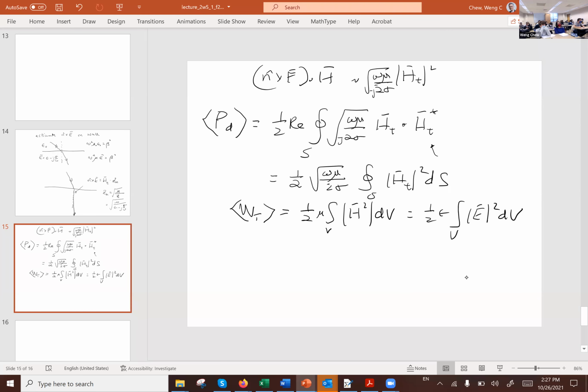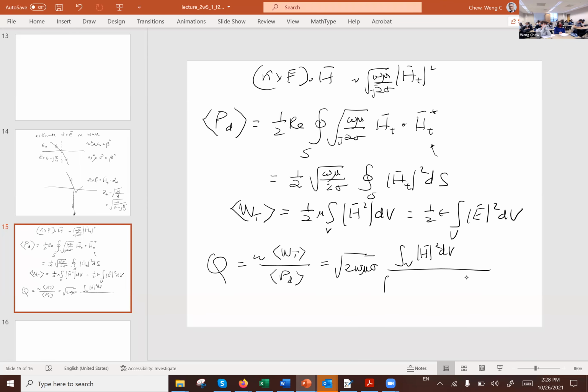Then you can calculate the Q using the formula that we derived before, which is omega W_T over P_D, and you will find that it is equal to 2 omega mu sigma times the energy stored in the magnetic field over the power dissipated on the surface, which can be written in this manner.